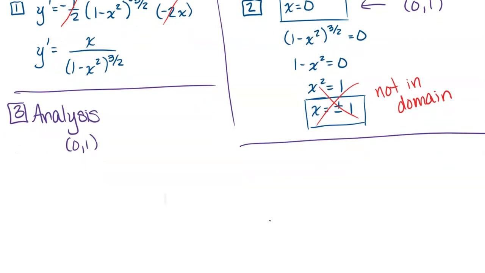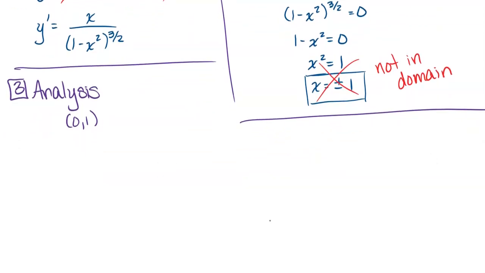So we're going to build what we call a sign chart. A sign chart is essentially just a number line. We're going to put x values on the bottom, and we're going to talk about derivative values on the top. So we're going to forget about that 1 for a while.